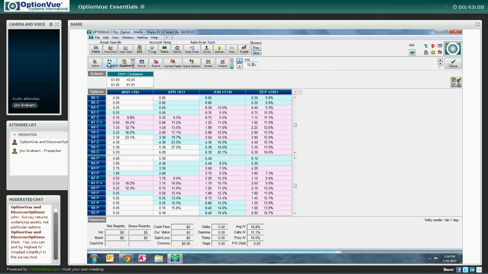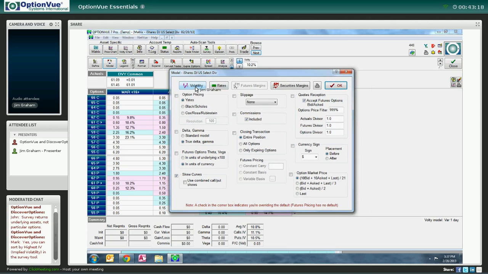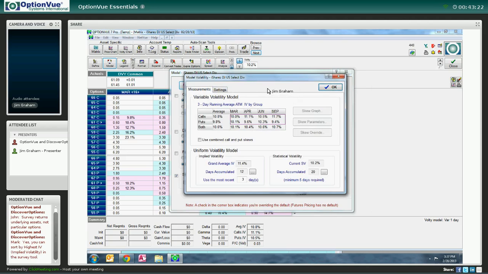And so now I'm going into the model. When you go into the model of an asset, there is a button right up here in the upper left called Volatility. This is going to give you all of the volatility models. There are 2 tabs, Measurements and Settings.